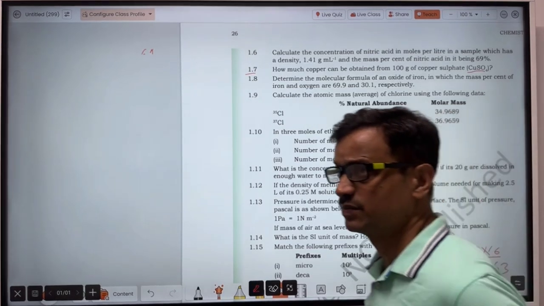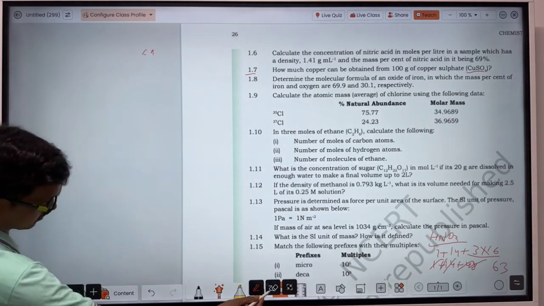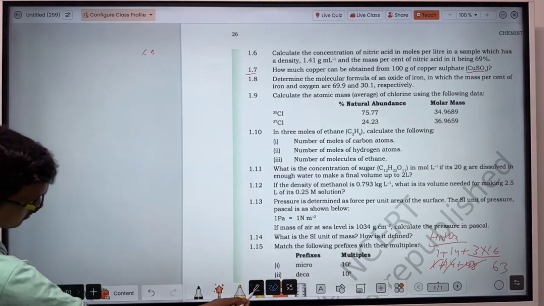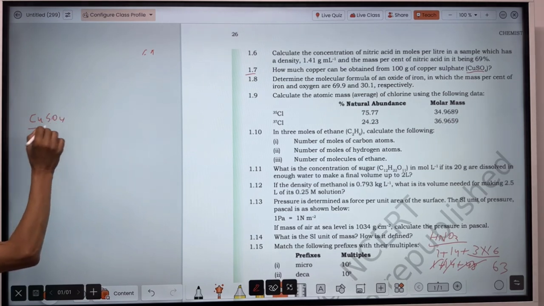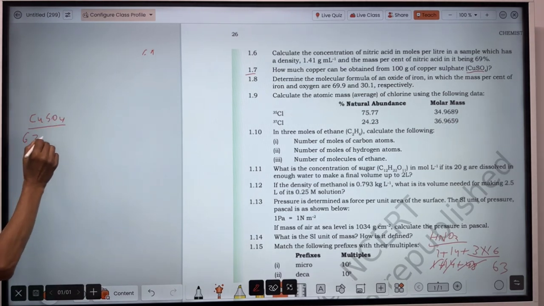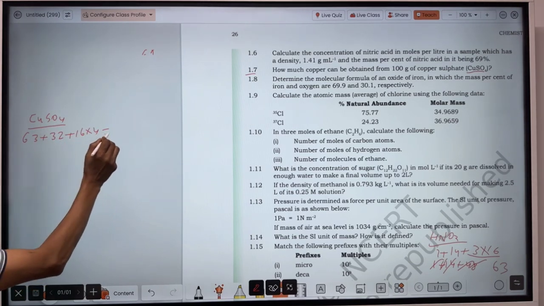So let's see here CuSO4, firstly the molecular formula. CuSO4, what will be? Copper 63, sulfur 32, oxygen 16 into 4. How much?